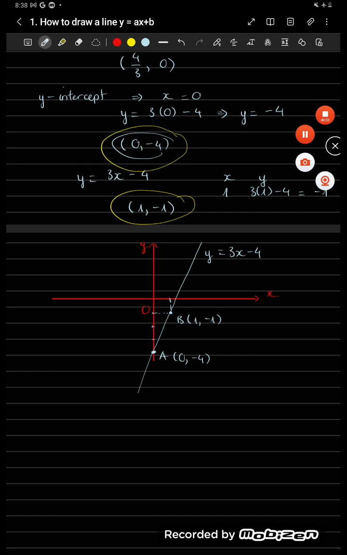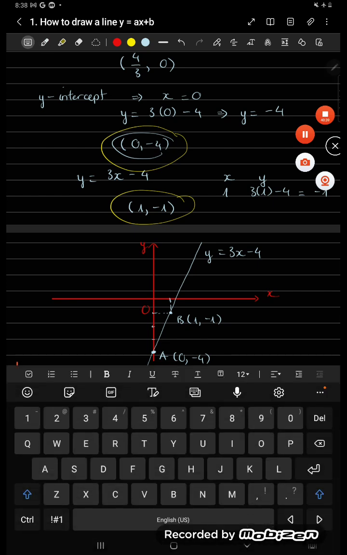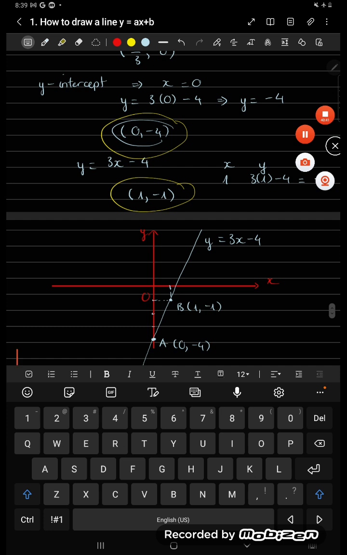Okay, so we stop our lesson here. In the first lesson, we already learned how to draw a line if we have the equation of a line y equal to ax plus b. So how can we draw a line?